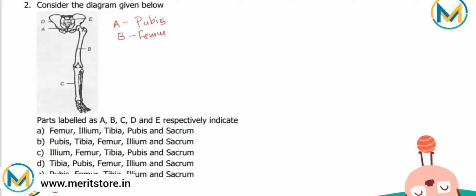Here the C is a tibia. Then this D over here is ilium. And this E part here in the center is a sacrum.